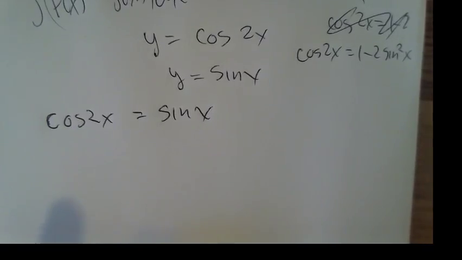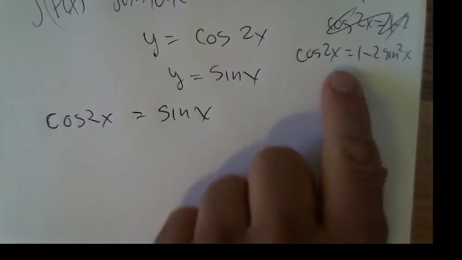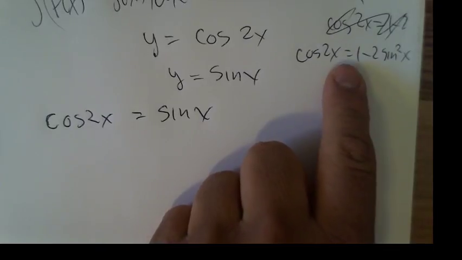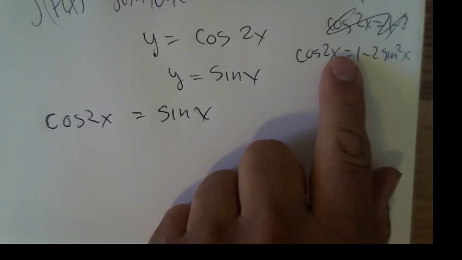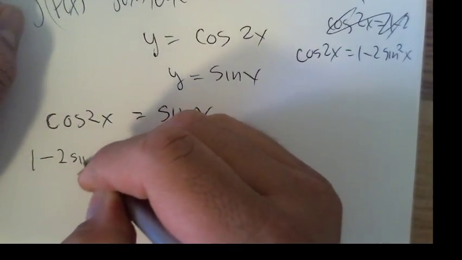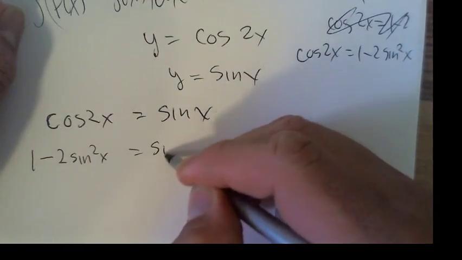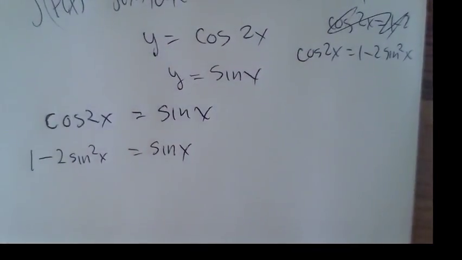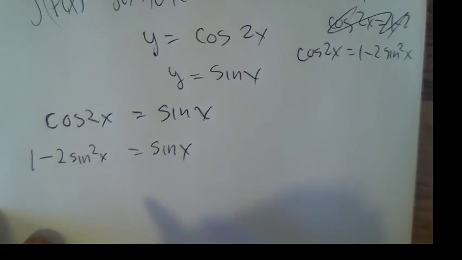All right, so we need to solve this equation. And here, I'm going to put to use that identity that was given to me. So I'm going to plug in minus 2 sine squared x equal to sine of x. All right, and then it looks like I have a quadratic form.